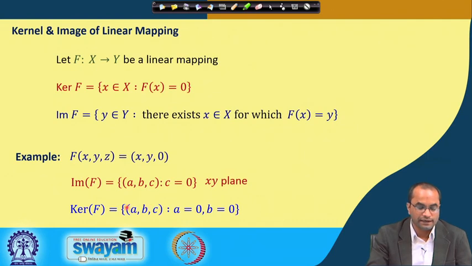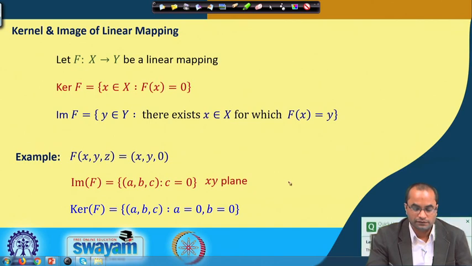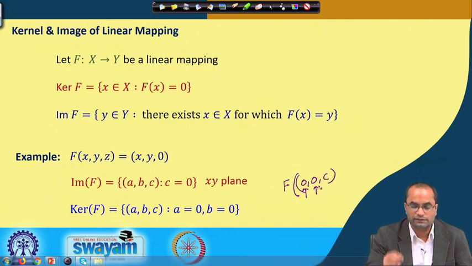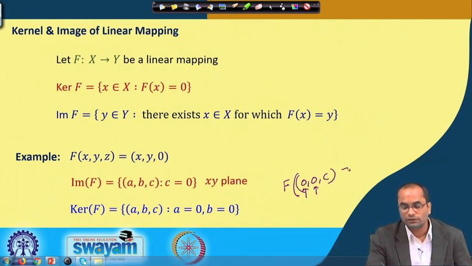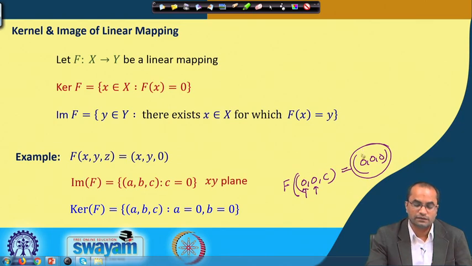If we take a point with a and b both 0 and apply this map, this will be nothing but the (0, 0, 0) element, that is the 0 element in this R 3.